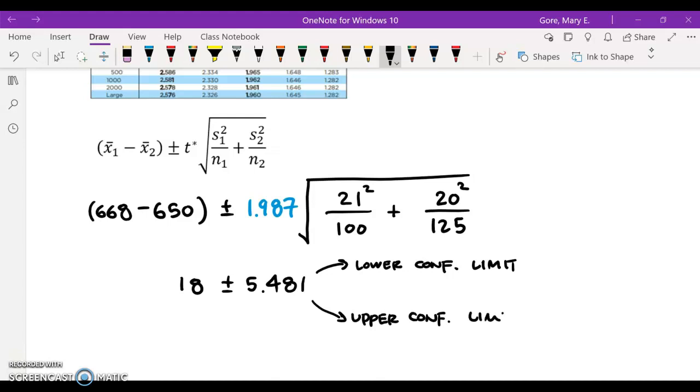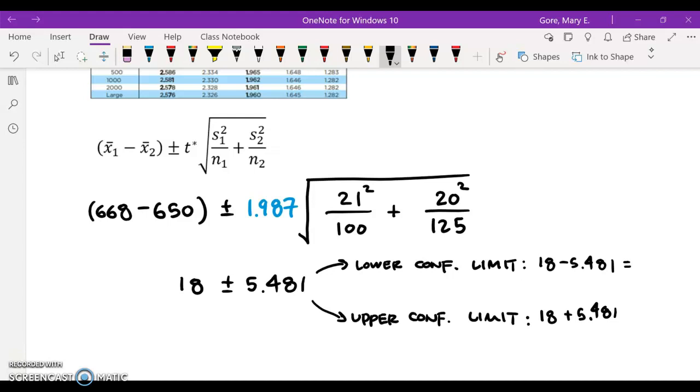So that's the beauty of the plus or minus. We can do these calculations in the longer portions simultaneously. So that gives us 18 minus 5.481. I'm also going to have to accomplish 18 plus 5.481.